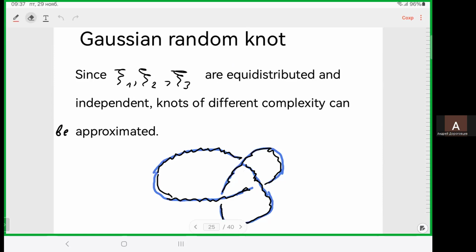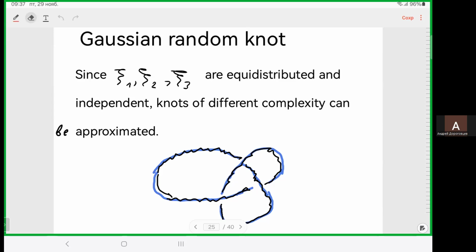From another point of view, you remember that we can approximate any curve, and the same remains true for the second derivative of xi.